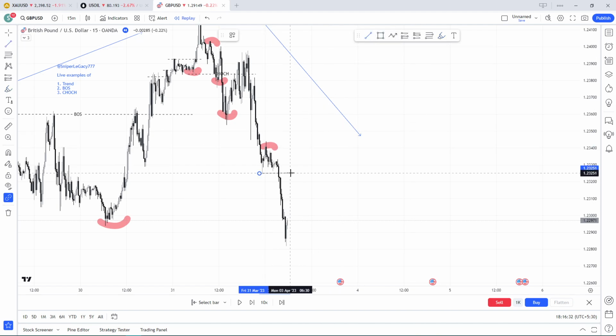Then if you want to consider this as the BOS, yes, you can, but we have to be careful while trading the internal structures, because it can drastically change in no time.